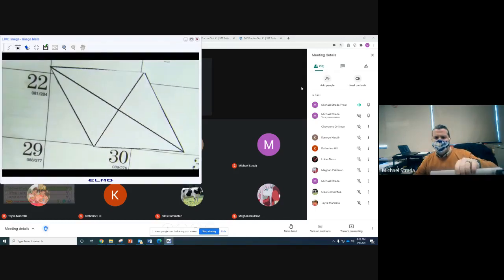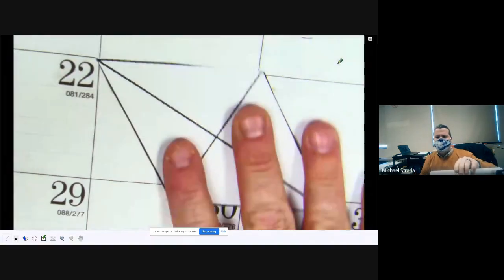All right, so we're looking at a rhombus. Definition, all sides are congruent.